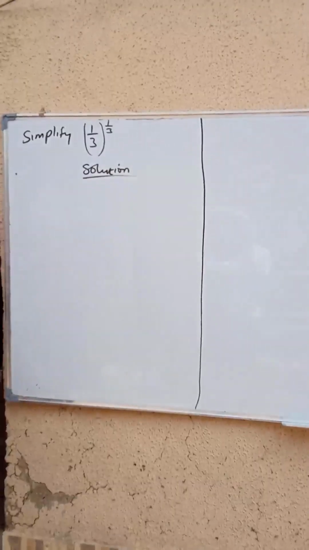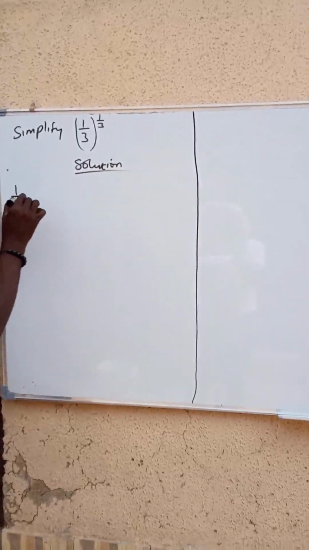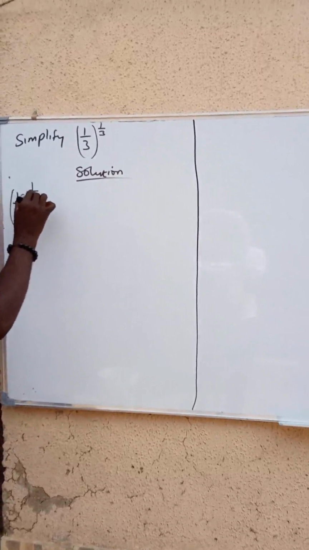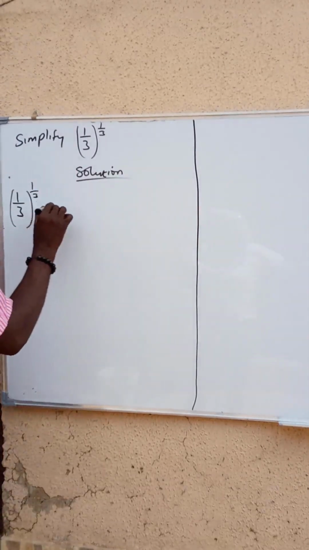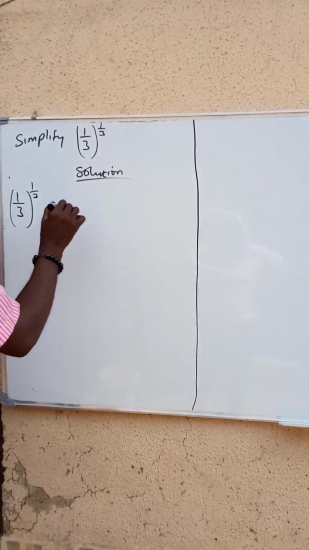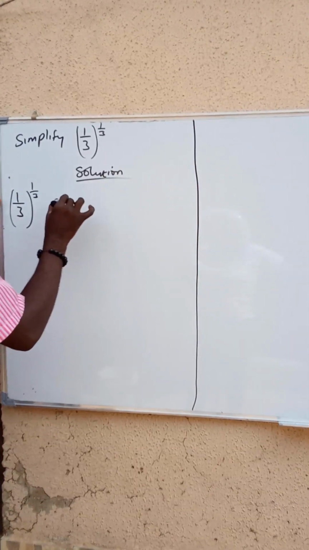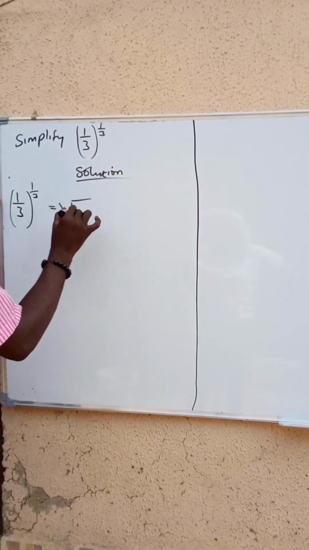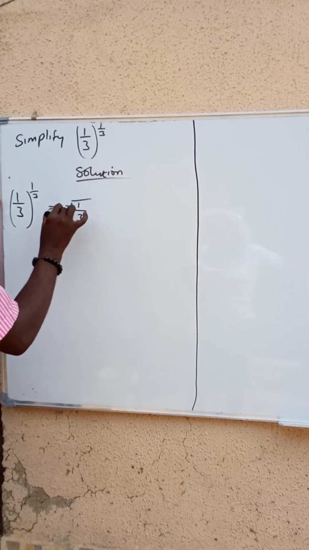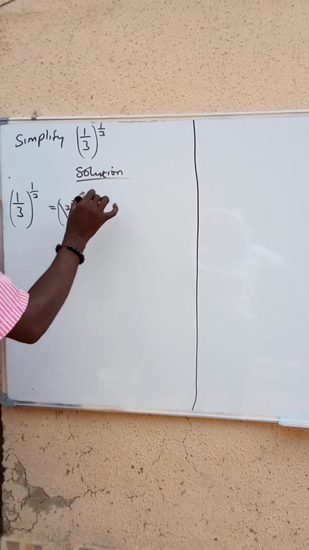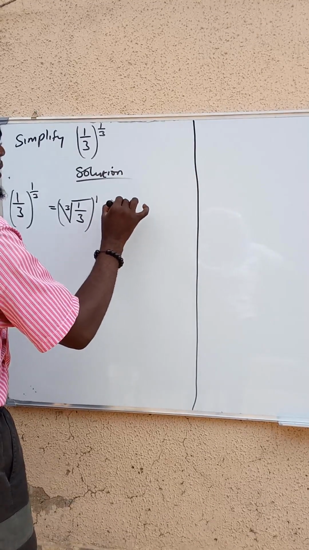How do you simplify? You all know that 1 over 3 raised to the power of 1 over 3, from the definition of indices, is the same thing as what? The cube root of 1 over 3, all raised to the power of 1, which is what?